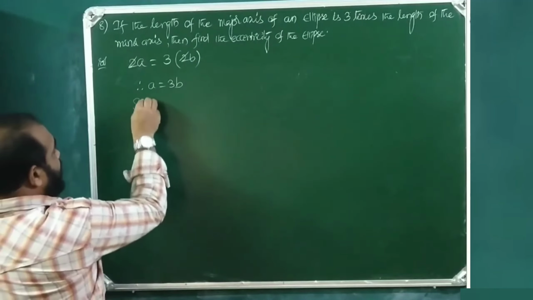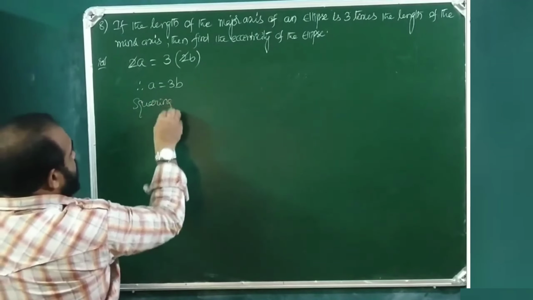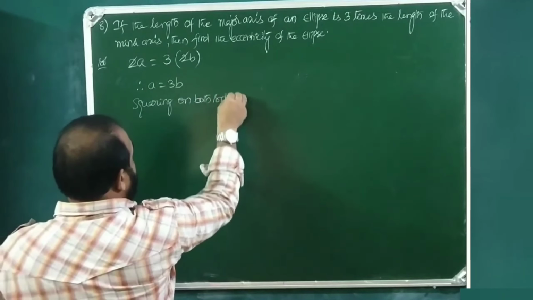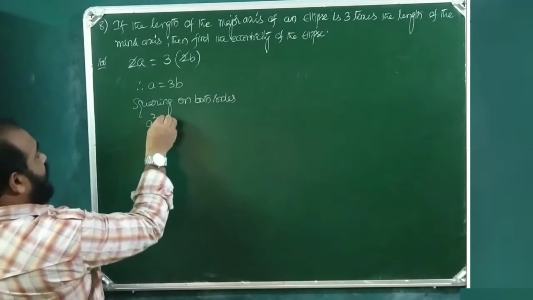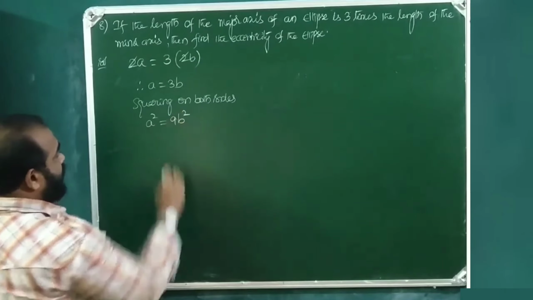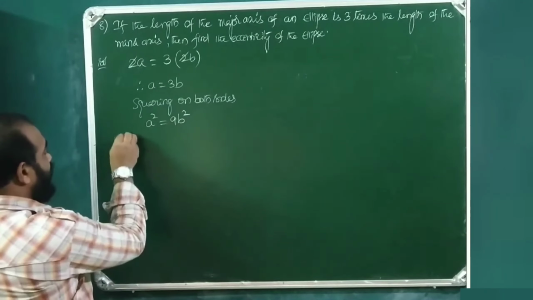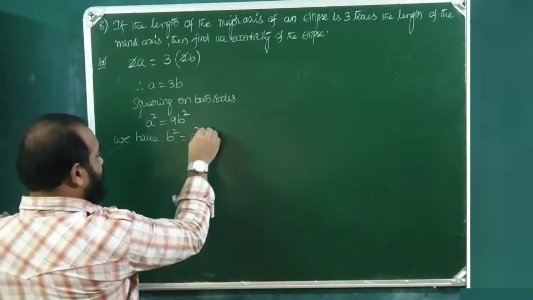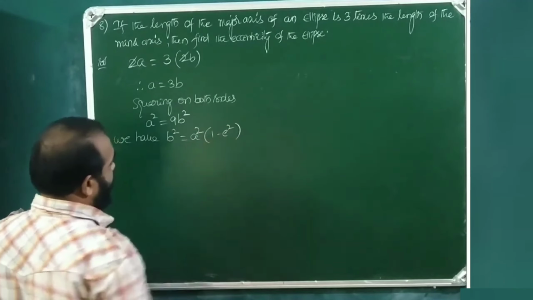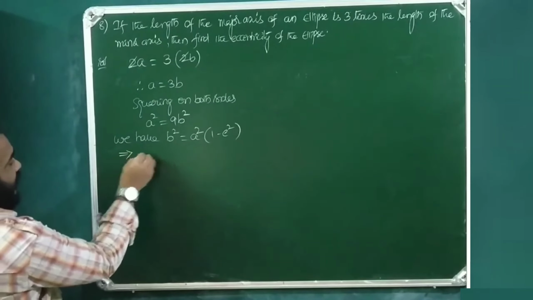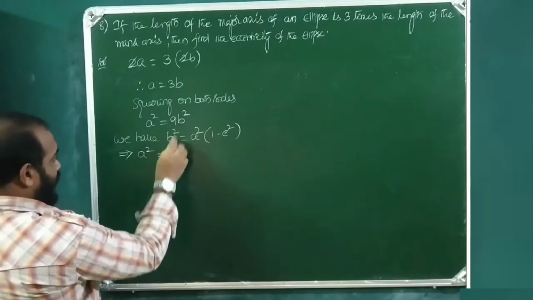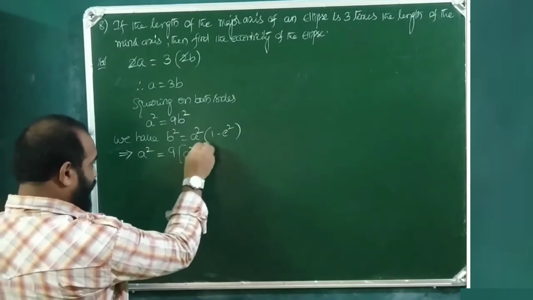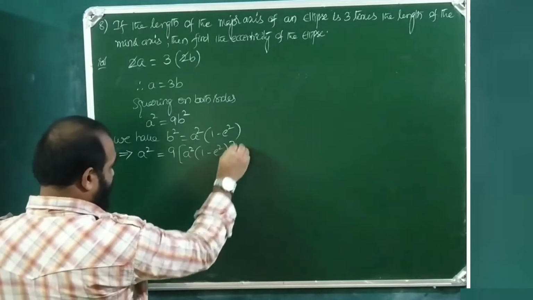Squaring on both sides, we get a square equals 9b square. We have b square equals a square into 1 minus e square. So from this, a square equals 9 into a square into 1 minus e square.